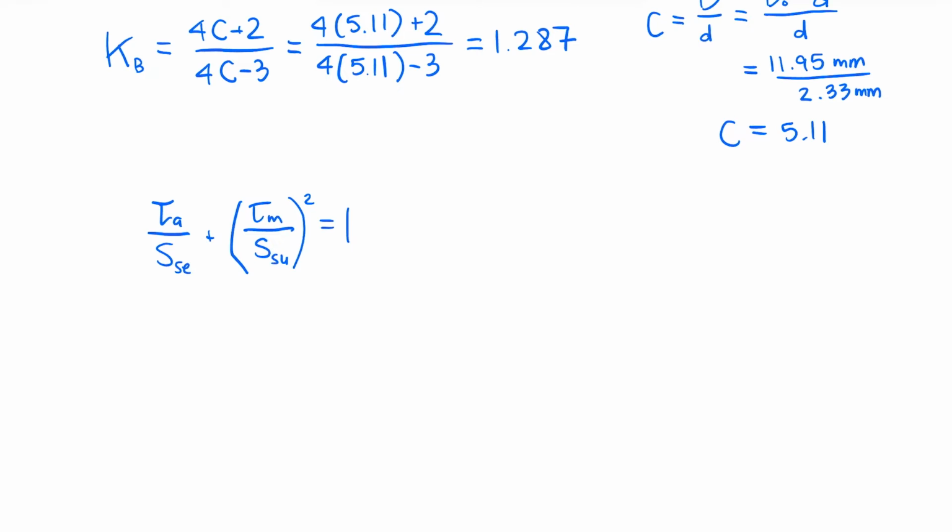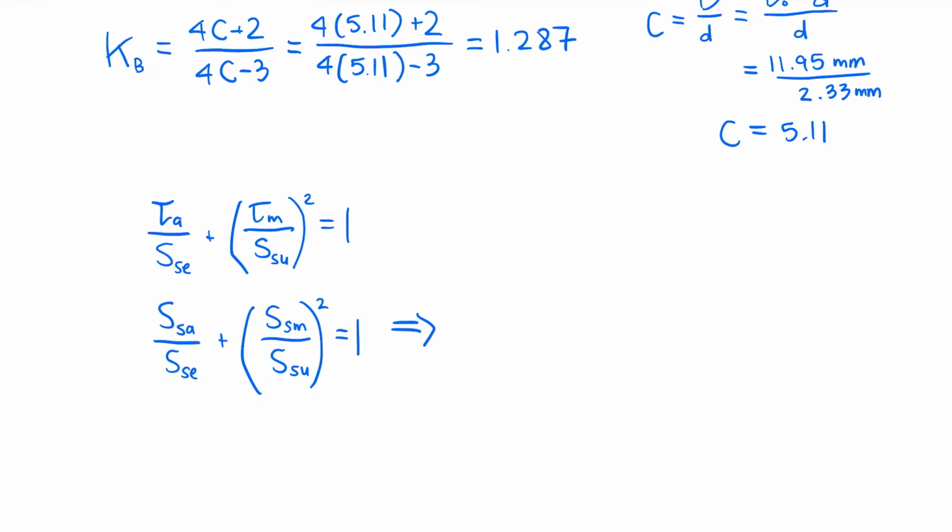Now if I replace my alternating and mean shear stresses with the Zimmerli data, I've got S sub SA over S sub SE plus S sub SM over S sub SU squared. So all I've done is replace my alternating shear stress with the alternating shear stress data from Zimmerli. Same thing with the mean. So mean stress goes with mean stress, alternating stress goes with alternating stress.